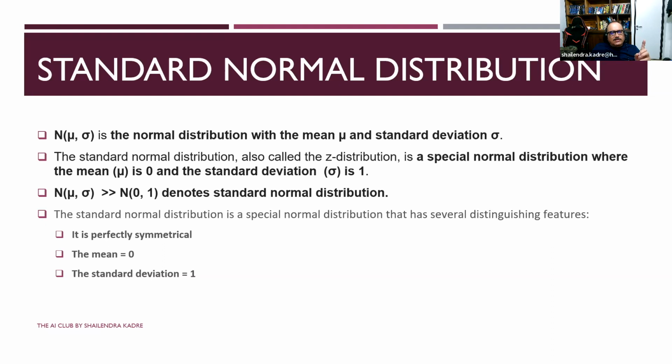If it is a simple normal distribution, mu can be anything, and sigma also can be anything. But if mu is 0 and sigma is 1, then it is called a standard normal distribution. Simple concept.